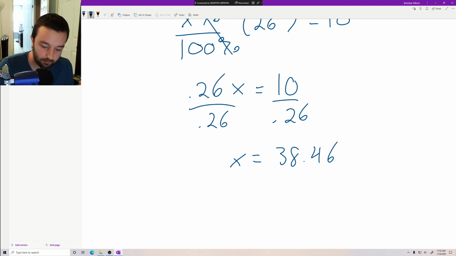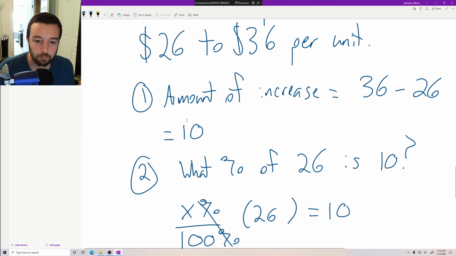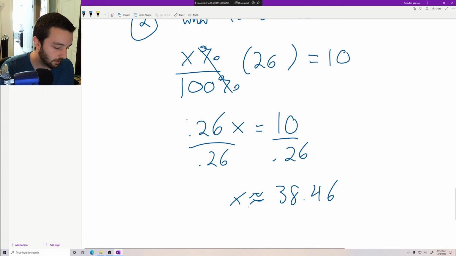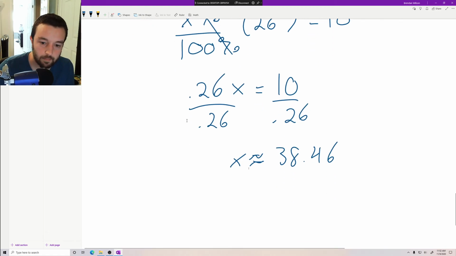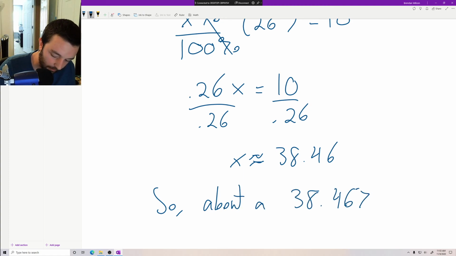I'm just rounding because it's a long decimal. So it's about a 38.46% increase.